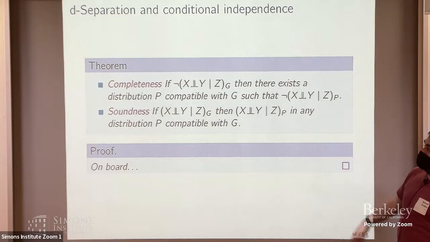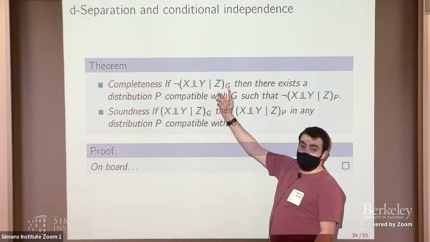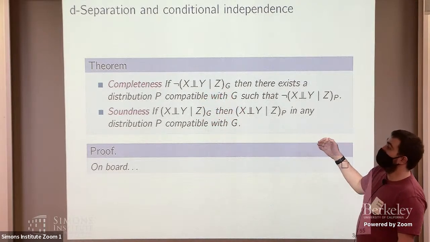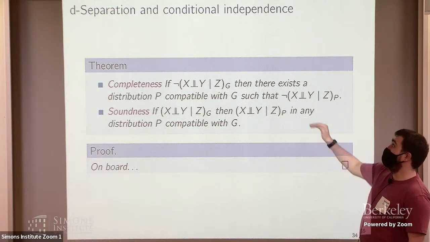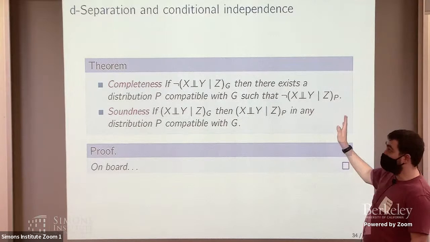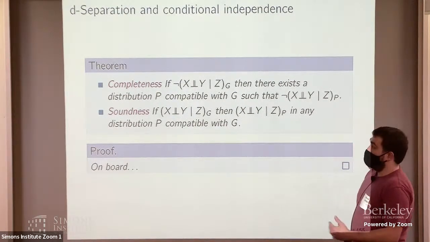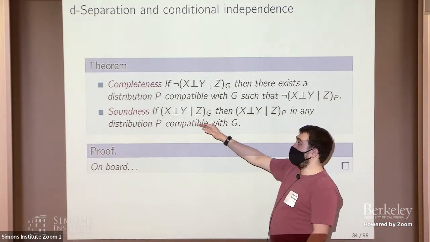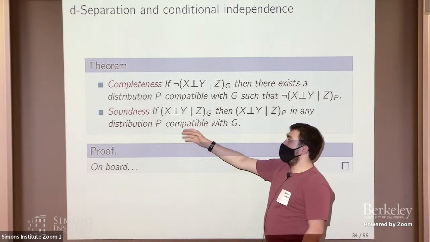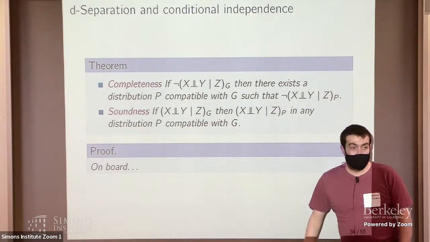But by completeness, I mean, if x and y are not d-separated by z, then there's some distribution P that's compatible with the graph in which they're not conditionally independent given z. And then there's soundness, which is the other direction, which says any d-separations that you do see in the graph imply the corresponding conditional independence in any distribution compatible with that graph.